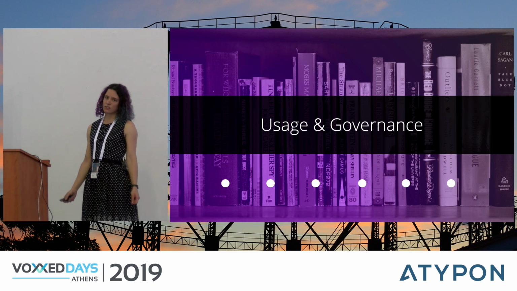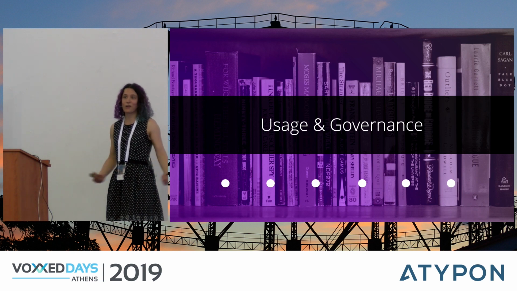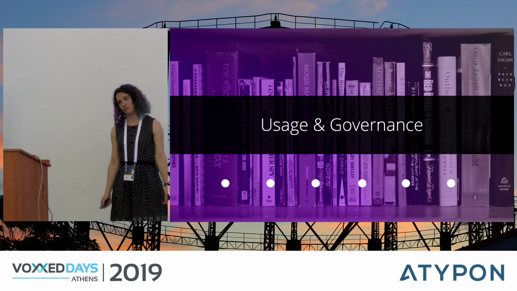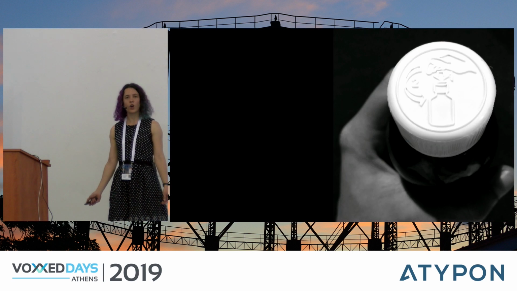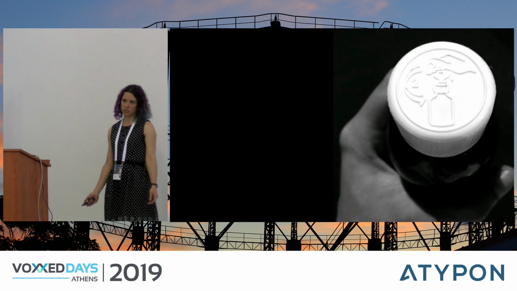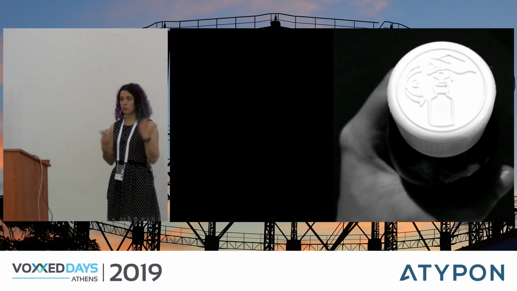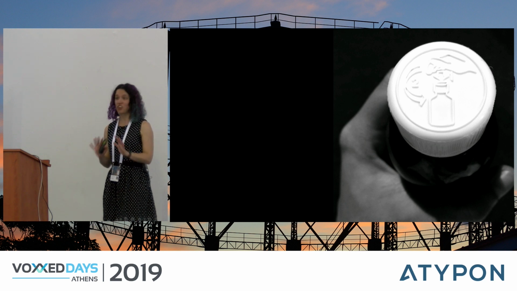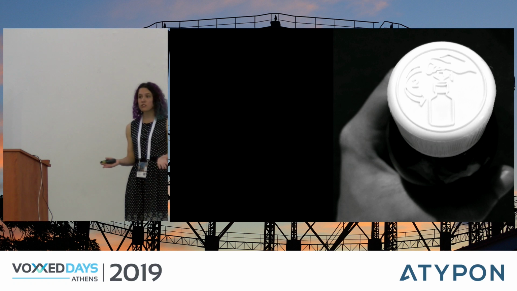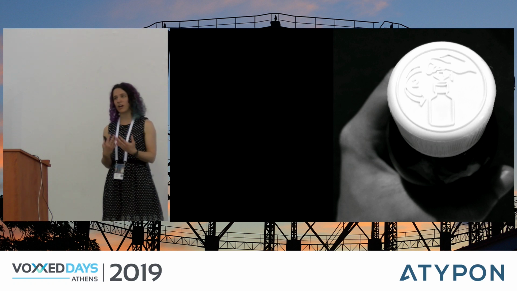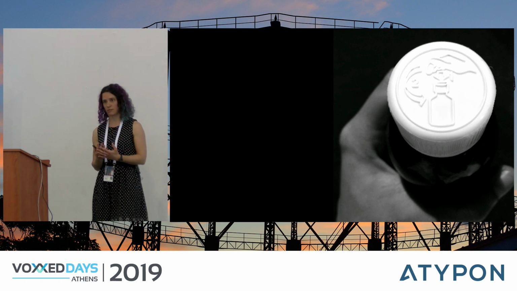Lastly, I'd like to discuss the usage of these models once they go out in the world and are used by people, and also the governance of that. I think we can learn from other industries that have come before. Pharmaceuticals is one example. They've already made a lot of mistakes, gotten a lot of bad press, learned a lot of lessons, and applied their own mitigations.